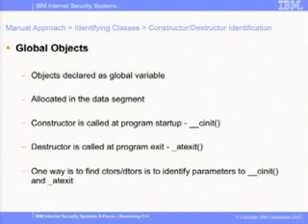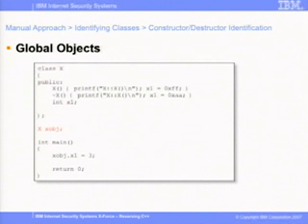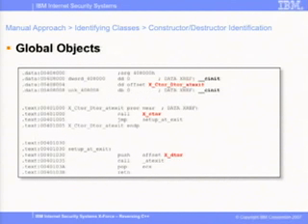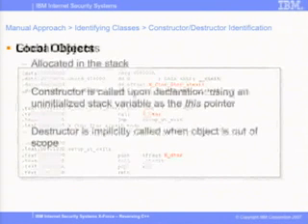One way to find the constructor and the destructor for a global object is to identify parameters to these functions, underscore C init and underscore at exit. Here's an example of a global object. And here you have to analyze cross references to where the global variable is stored in the data segment to be able to look for the constructor.